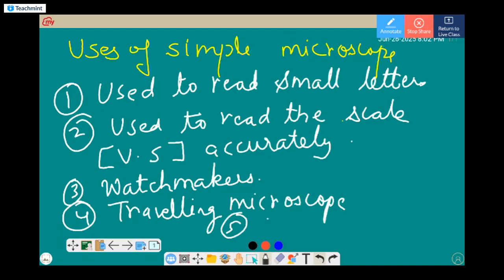So sometimes what they do is they may give you these instruments' names and ask which type of lens is there. They may not directly ask, is it magnifying glass or what is it? They may ask you which type of lens is used in a spectrometer or a traveling microscope, simple microscope, or for reading small letters. So the name of the lens is convex lens.